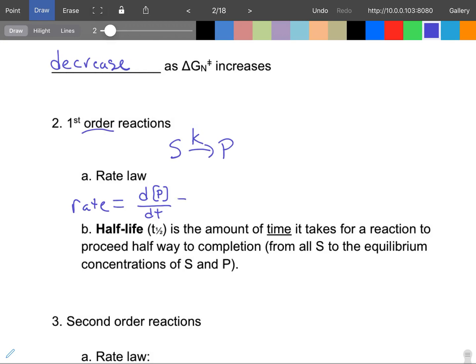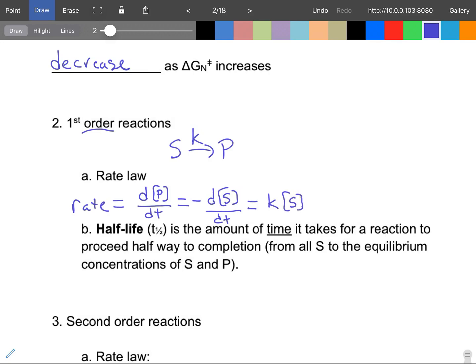Because of the law of conservation of mass, that's going to equal negative the change in substrate concentration over time. Those two are going to be equal and opposite. This is equal to some value K, as determined above, times the concentration of that substrate.